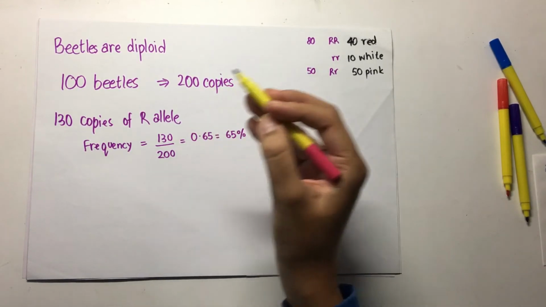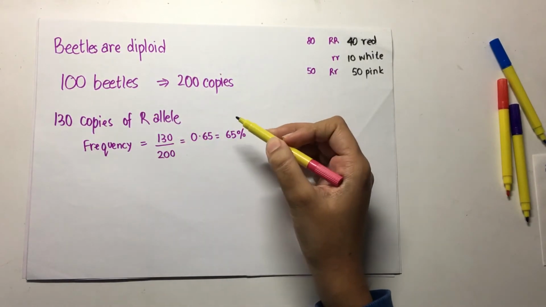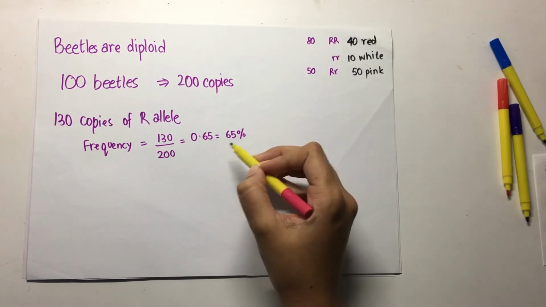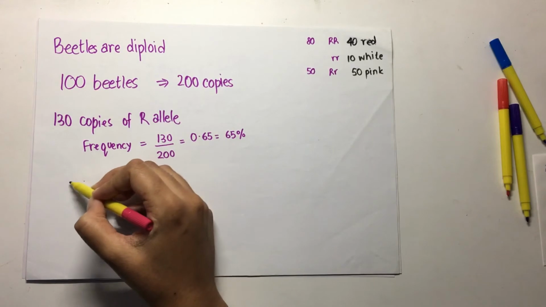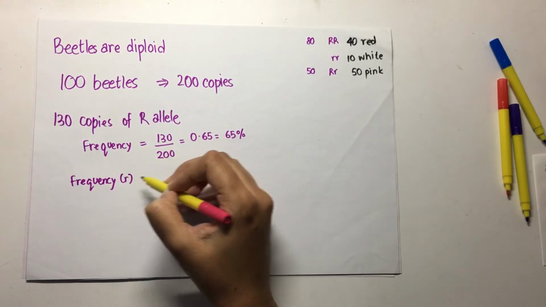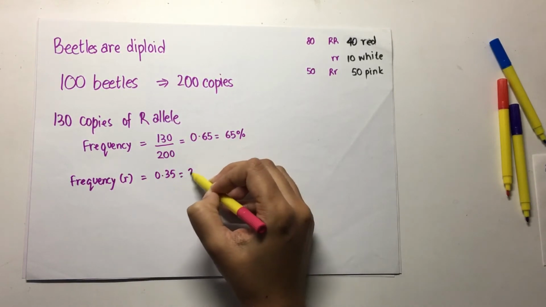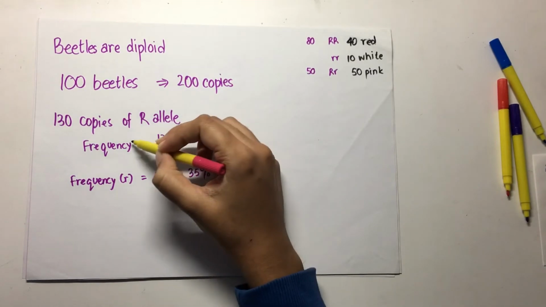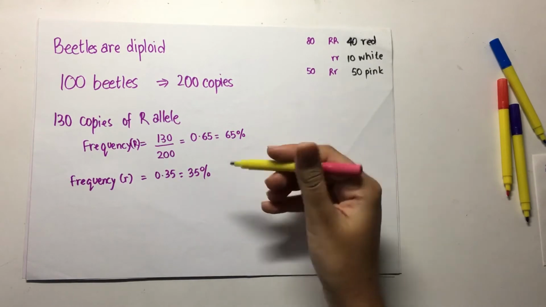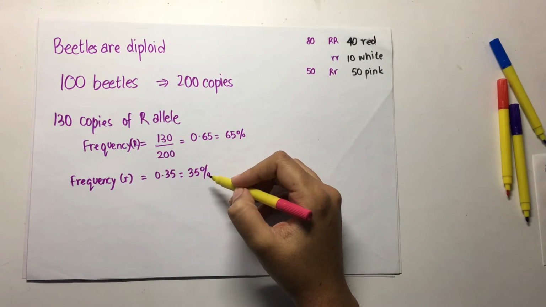That means if we have 65% of R alleles, then since the other option is only the small r allele, the frequency for small r is going to be 35%. Let me write big R here and small r. Now the sum of allele frequencies is 1, so that's how we got 35% for the small r allele.